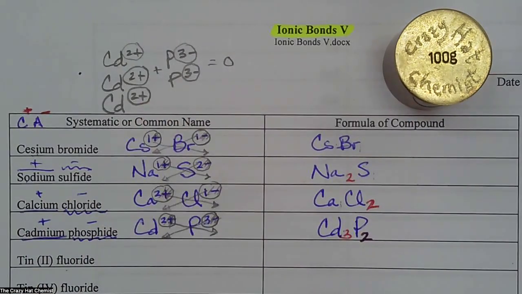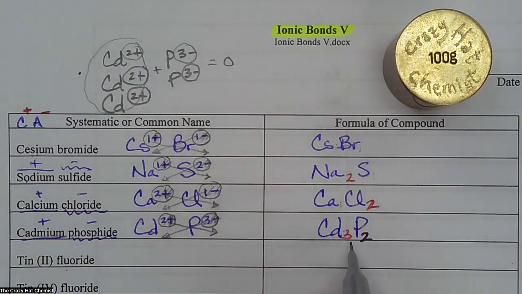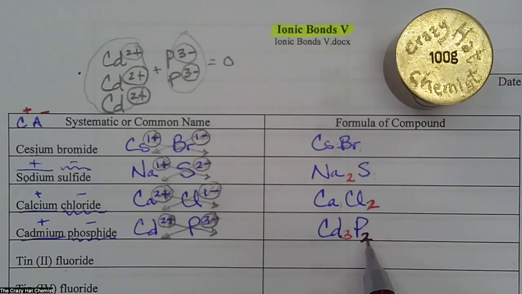That's ultimately what we're trying to do. You see, it required 3 cadmiums, that's why there are 3 cadmiums, and 2 phosphides, in order to come up with that formula, Cd3P2. That's ultimately what we're doing for an ionic bond. We're coming up with a net charge where it equals 0. All right. That is the rule, and that's how it works. I'm showing you a shortcut by taking the bull by the horn, flip, and bringing it down.